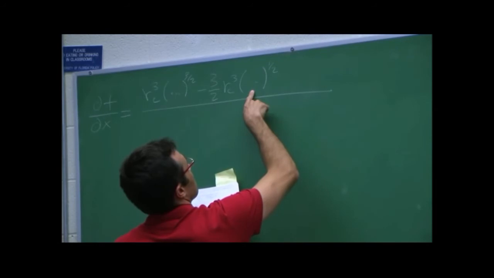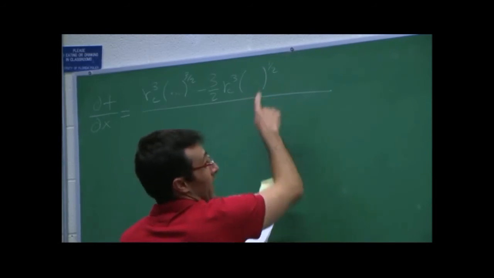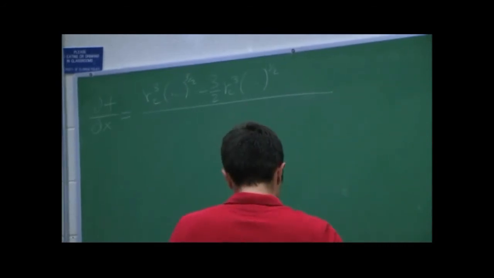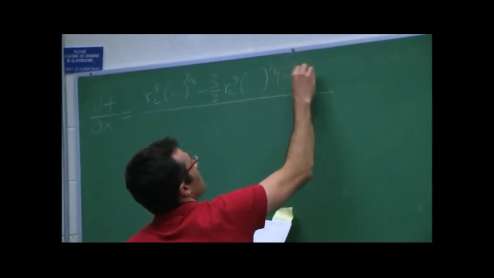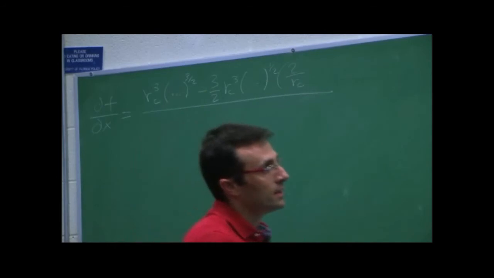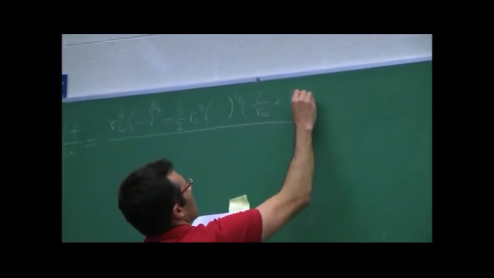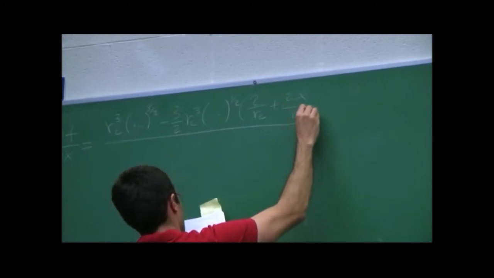Am I done? Yeah, I was going to write RC plus X, but I have the notes defending me from those mistakes. I'm not done. I have to take the derivative of what's inside with respect to X. I have 2 over RC, right? That is this piece here with respect to X. And then this other one here becomes 2x over RC squared.